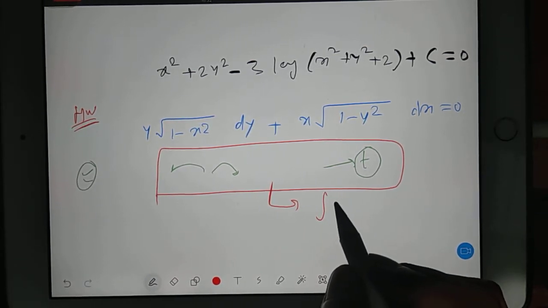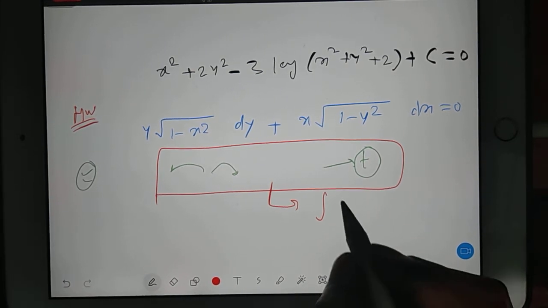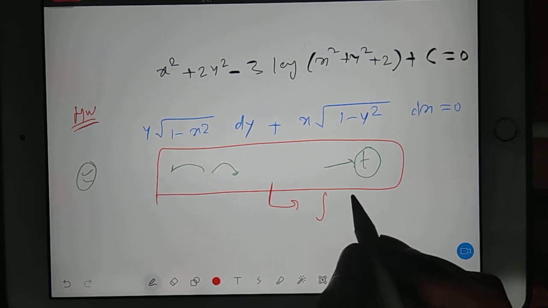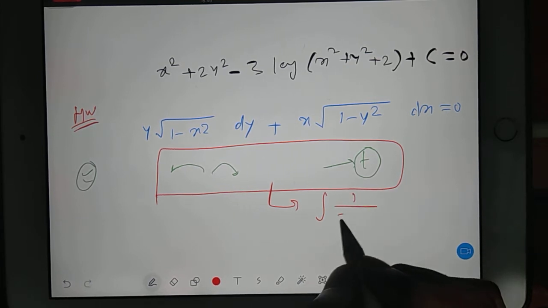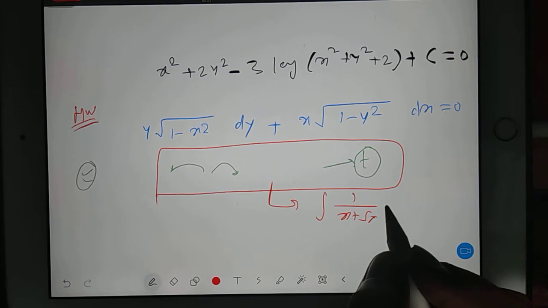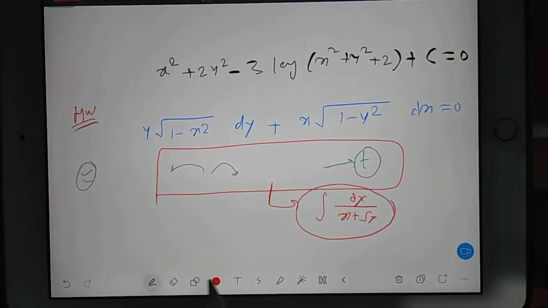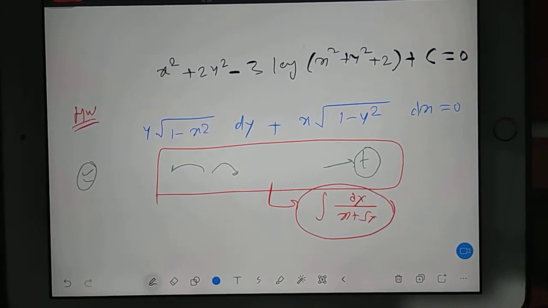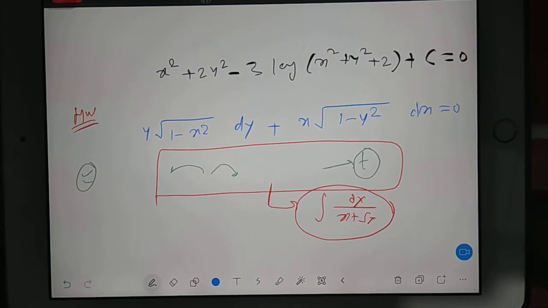Sometimes integration will be in front of you, but you will not be able to recall the formula. For example, suppose you have this question, 1 by x plus root x, and you want to integrate. This is actually a very simple problem. Dx divided by x plus root x.